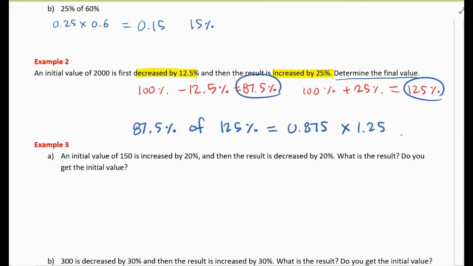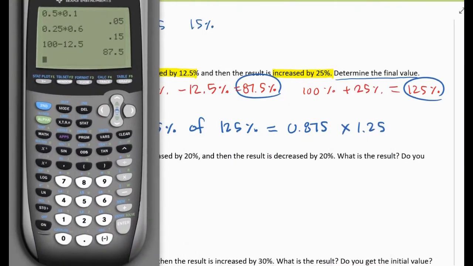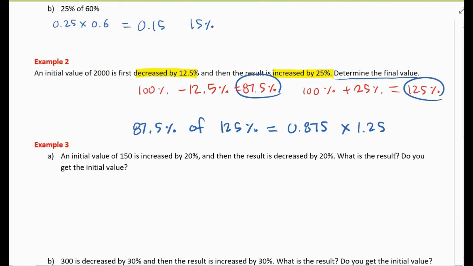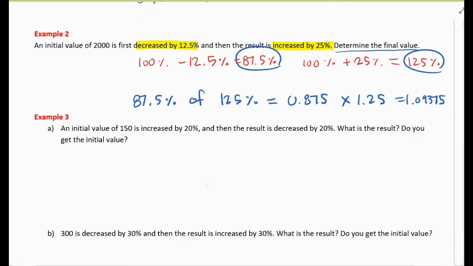Let's multiply: 0.875 times 1.25 is 1.09375. So we found this number.